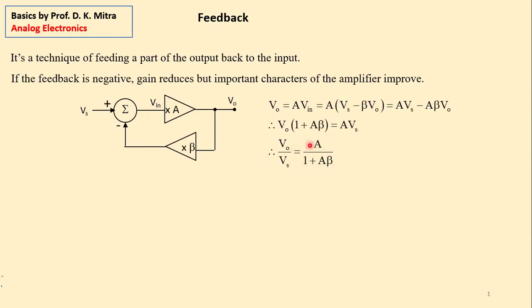This relation is very easy to remember, and you have to remember that in case of negative feedback, the closed loop gain is A upon 1 plus A beta. What is A? A is the open loop gain of the amplifier itself, and beta is the feedback factor, right?